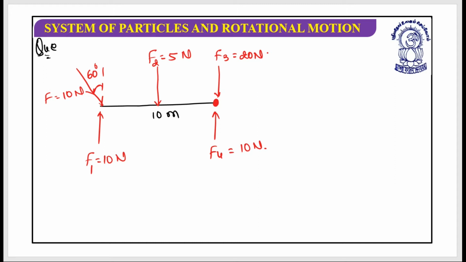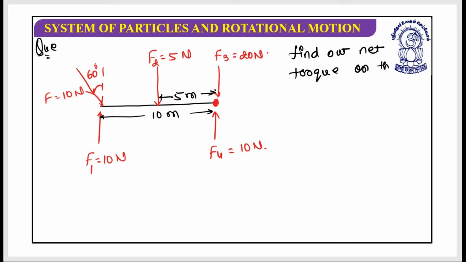This is at 10 meter, this is at 5 meter, and the question says find the net torque on the system shown. So you need to find the net torque acting on the system.